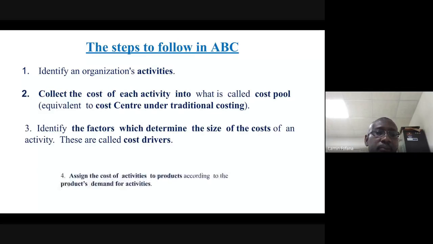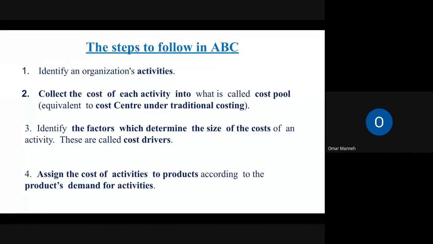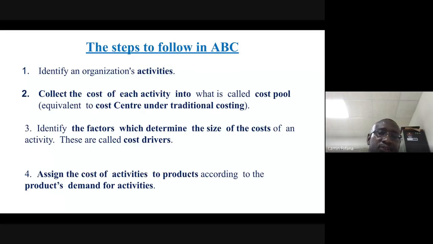Very good. So the next thing is to assign the cost of activities to products according to the product's demand for those activities. So in order to do that, we find our cost driver rate. After determining our cost driver, we find our cost driver rate. And our cost driver rate is the same as our FOAR or OAR.